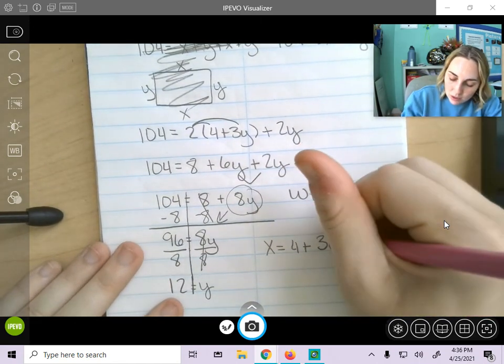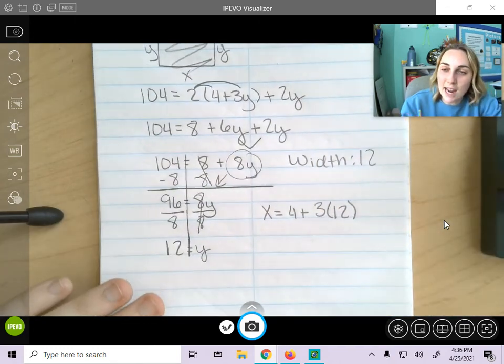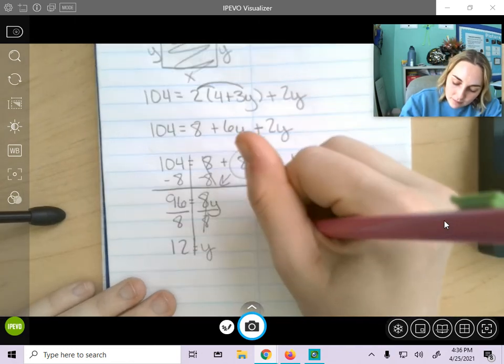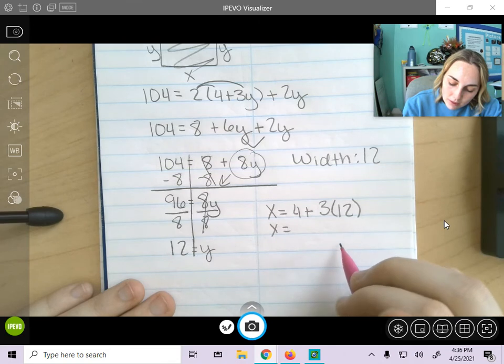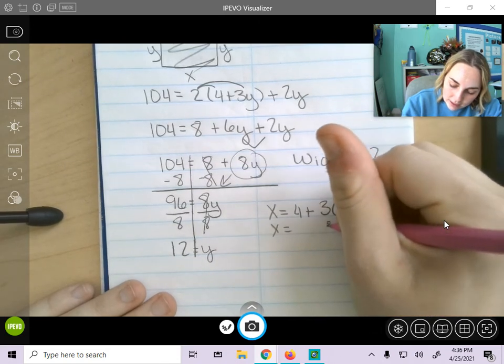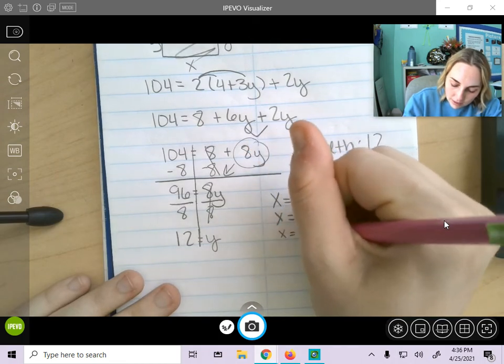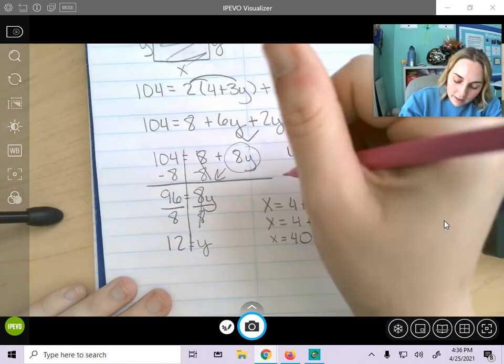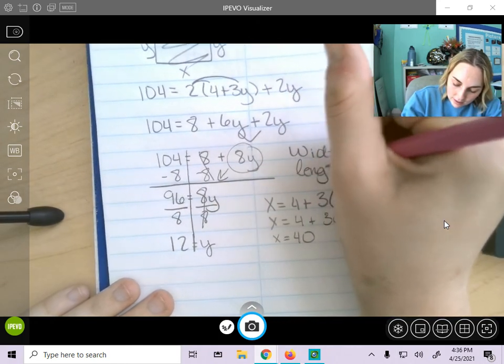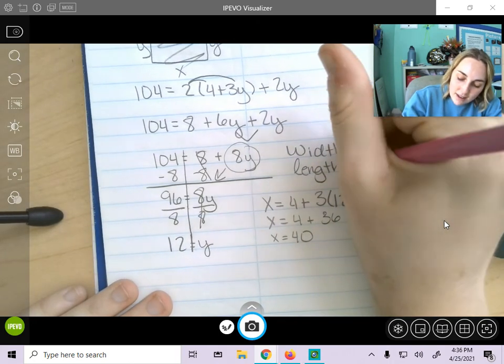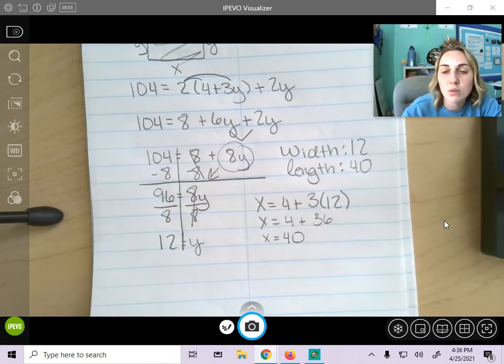My y value is 12, so I'll substitute that in, and now I can solve for x. 3 times 12 is going to give me 36. 4 plus 36 is going to be 40. So my width is equal to 12 feet, and my length is equal to 40 feet.